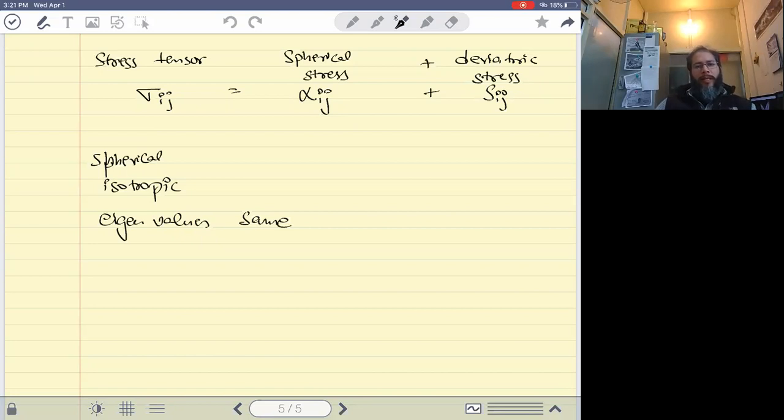So when I say spherical, that means that if I take the eigenvalues of alpha, then I will end up getting the same eigenvalues. All the eigenvalues will be the same. And if you remember our previous discussion, then we said that if all the eigenvalues are the same, that means all directions are eigendirections.